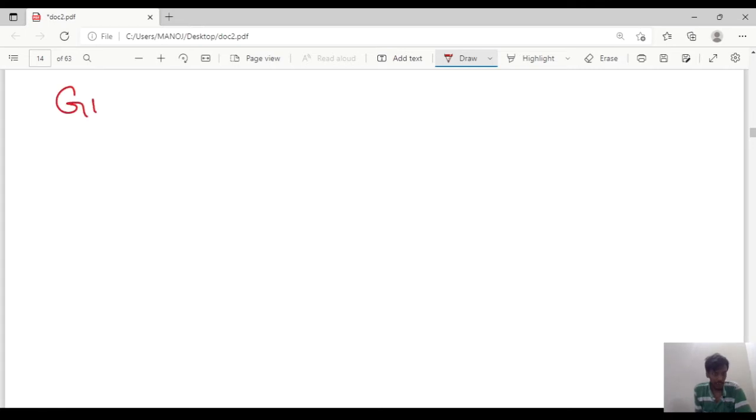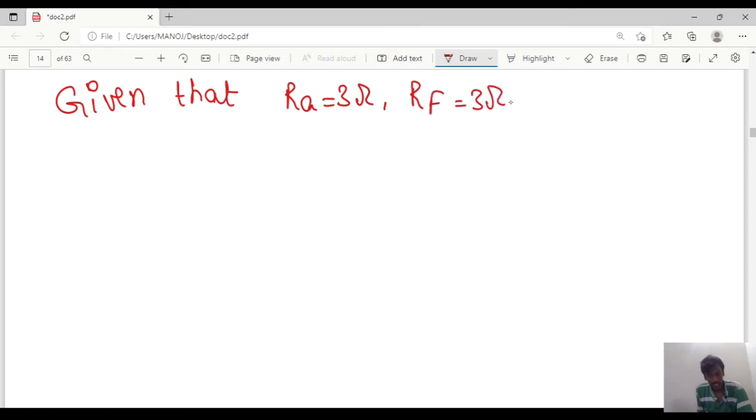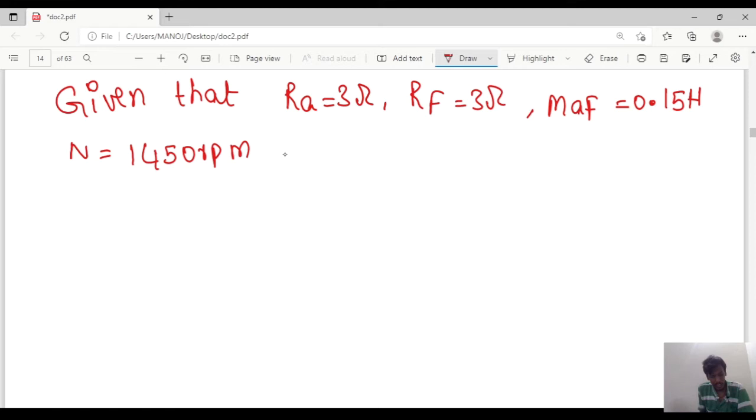Given that, armature resistance Ra is 3 ohms and field resistance is 3 ohms, and MEF is 0.15 Henry, and speed is given as 1450 rpm, and voltage is 330 sin omega t.